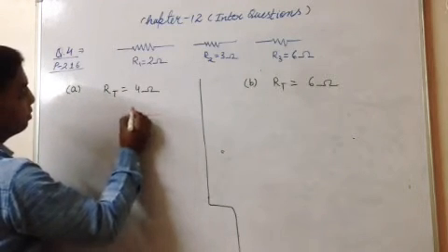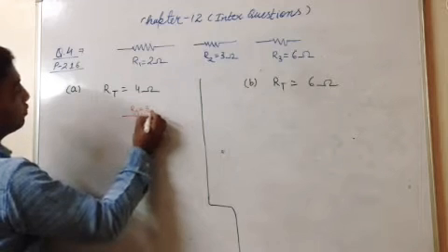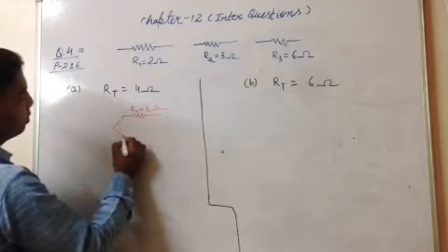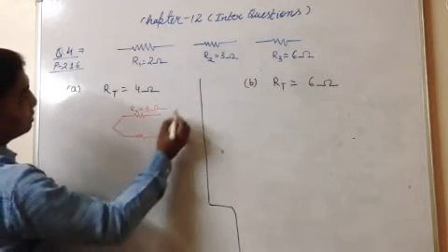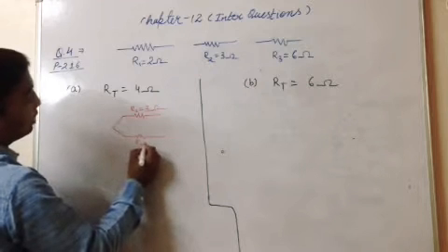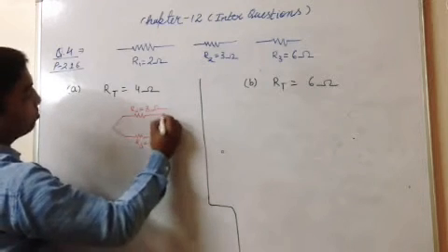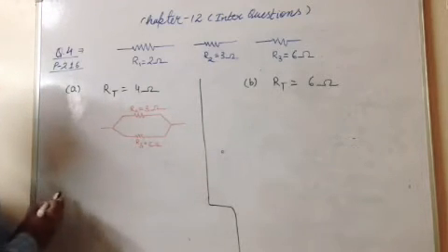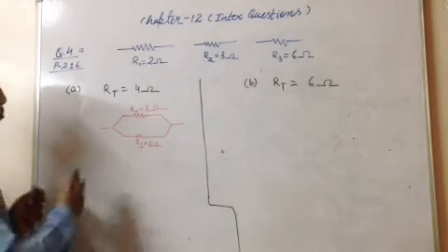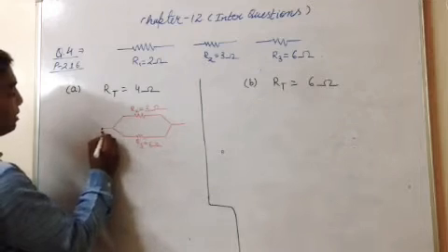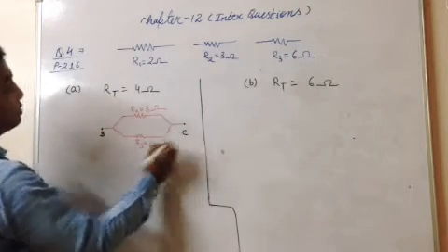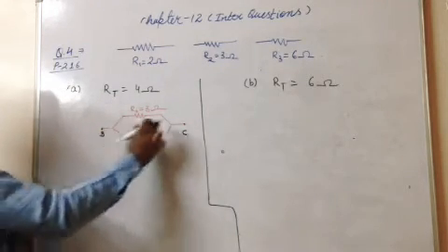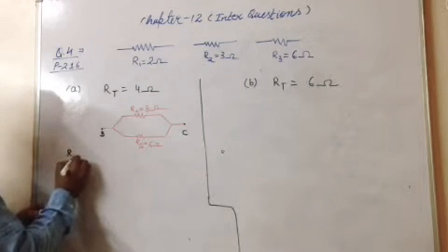This is R2, the value is 3 ohm, and there is one more resistor R3, the value of this is 6 ohm. We can give a name to this point. Consider this is B and this is my point C. Now tell me what is the value of RBC.